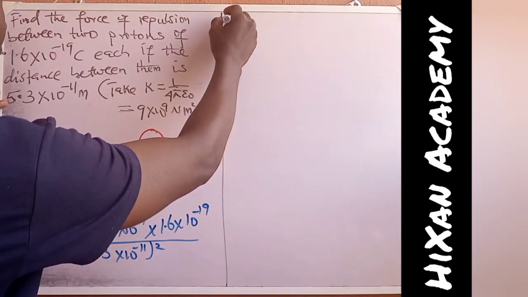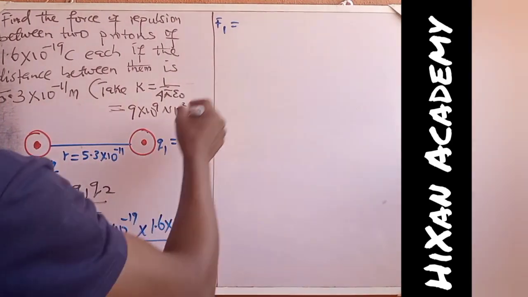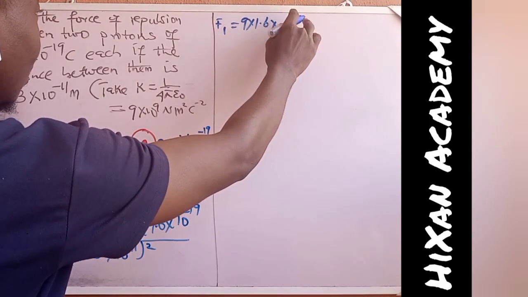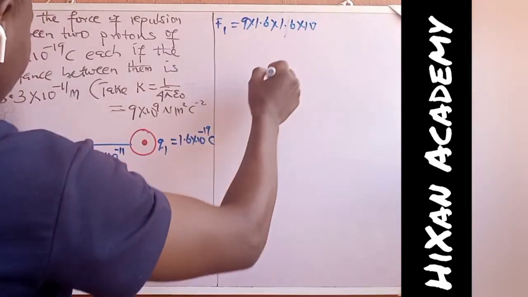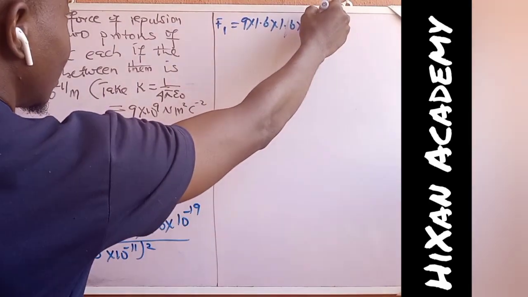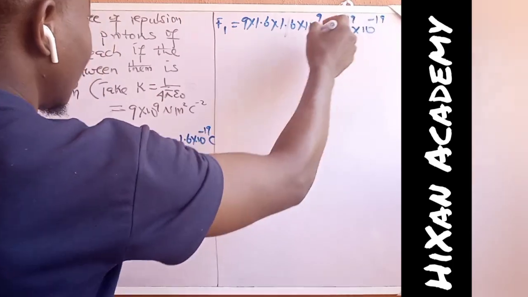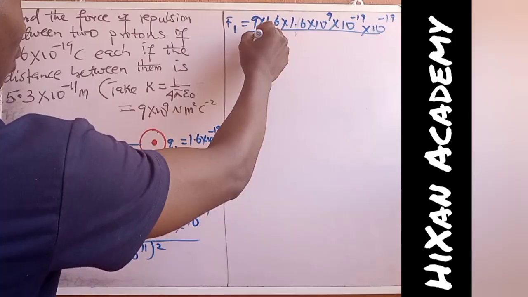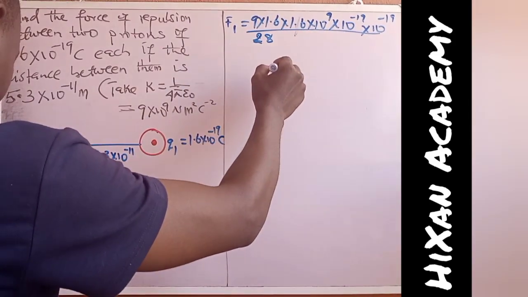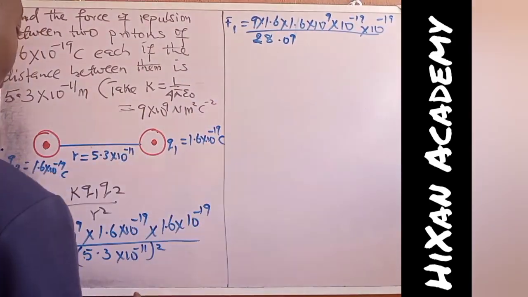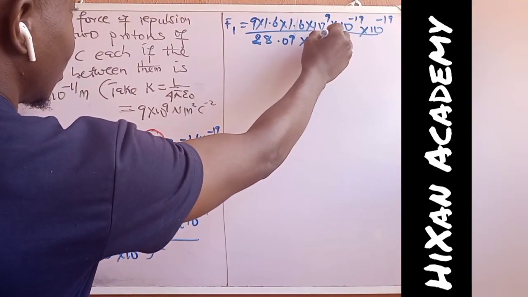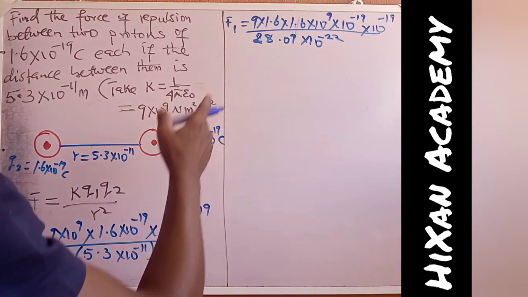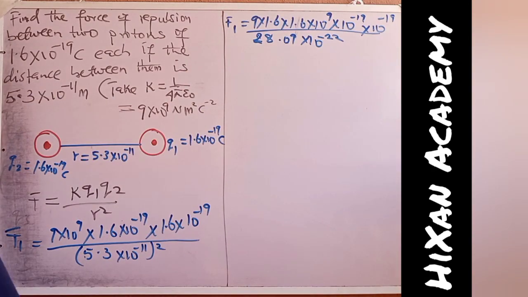Then F1 will be equal to 9 multiply 1.6 multiply 1.6 again, then multiply 10 to the power of 9, 10 to negative 19, everything upon 5.3 squared, 28.09, then multiplied by 10 to negative 22. When you square 10 to negative 11, that gives 10 to negative 22. So let's evaluate this. This is 23.04.